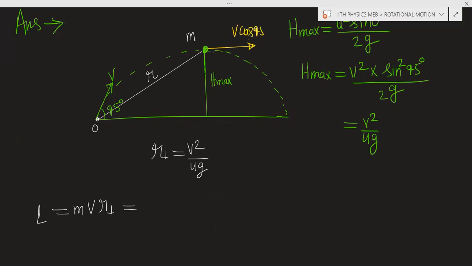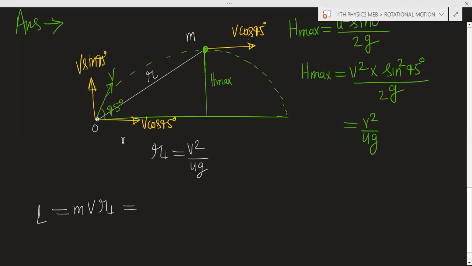If you take the component in this direction, the velocity component will be v cos 45, and in this direction the component will be v sine 45. The v sine 45 will change due to gravity, but this v cos 45 will never change.